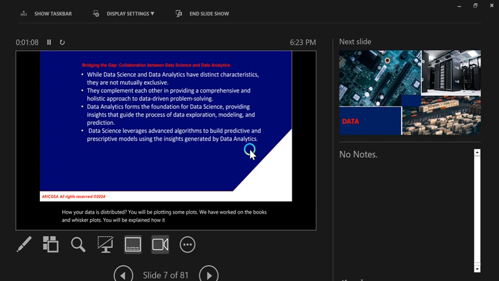When you plot, it will show you if your data has outliers or not. You will learn about skewness and so on, like how your data is distributed. And if you find maybe the mean is greater than the median, it means this is how your data is distributed.